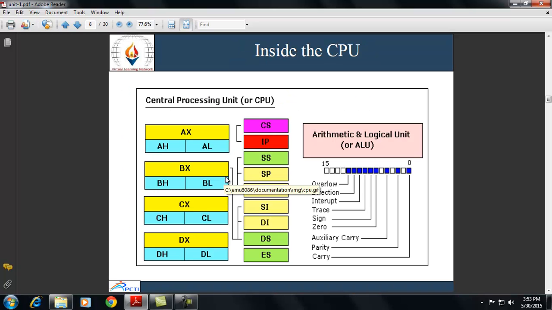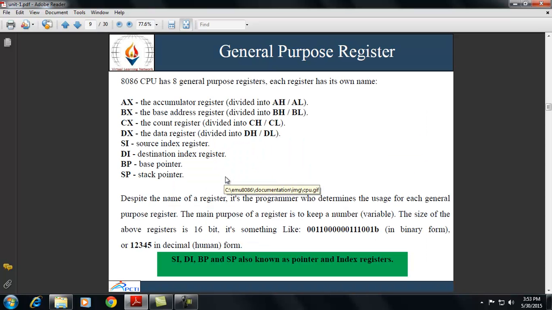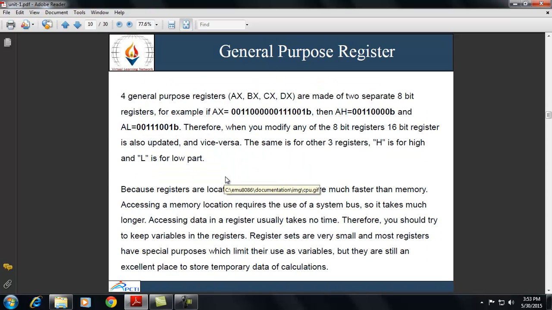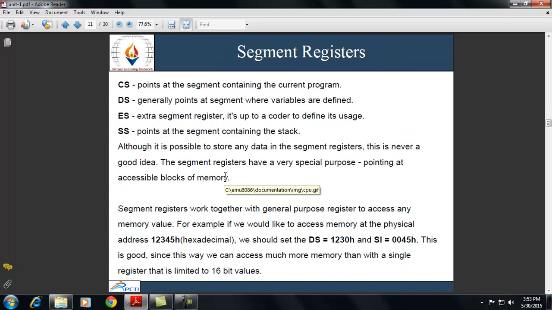Next one is segment register. Now segment registers are basically used for calculating the physical address of the instruction or memory. Segment registers cannot be used as byte registers. There are total 4 segment registers, that is CS contains a segment containing the current program.